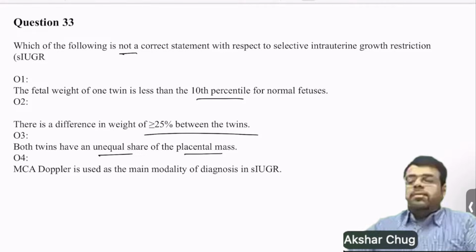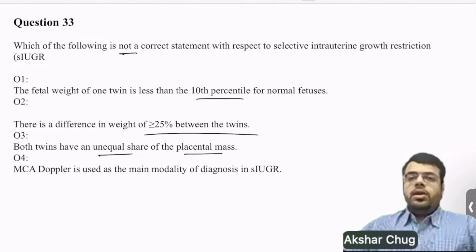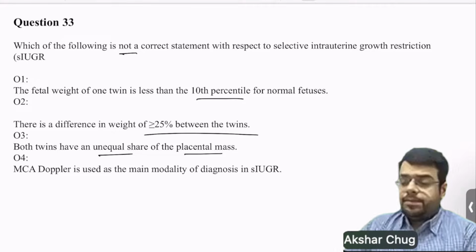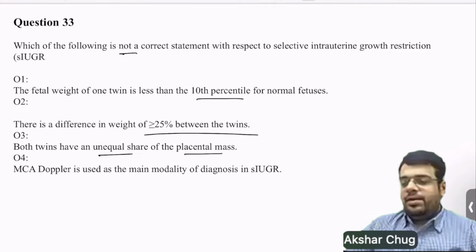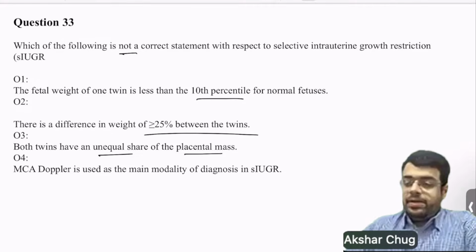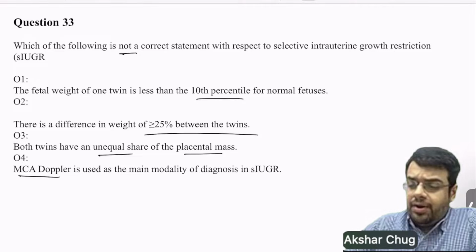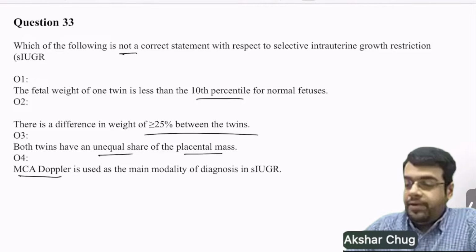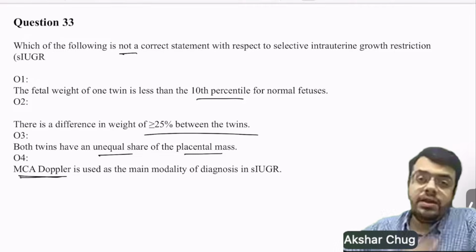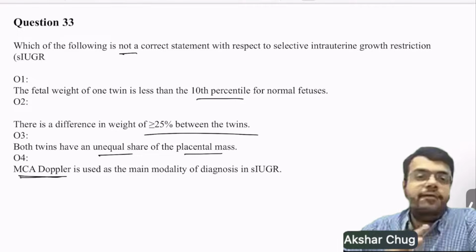Now, this question, a lot of people might find it confusing. So what would I have done if I was in your place? In option 4, it talks about MCA Doppler. Now we know that MCA Doppler is classically used for diagnosing fetal anemia, right?